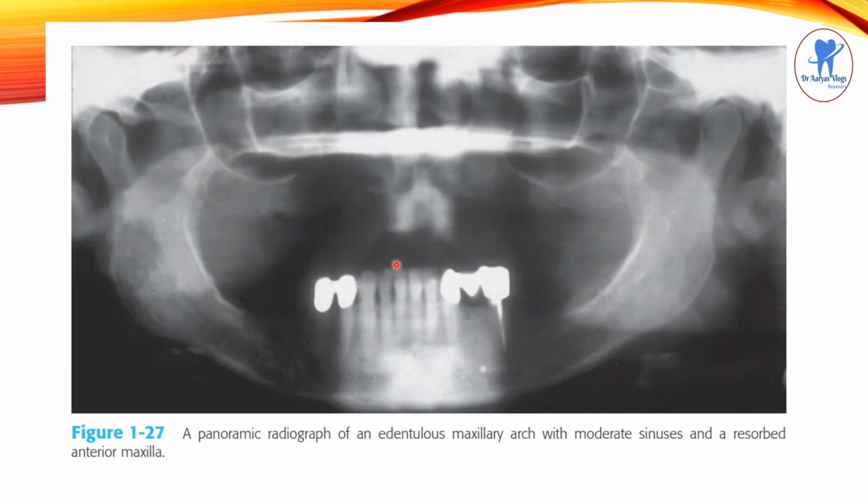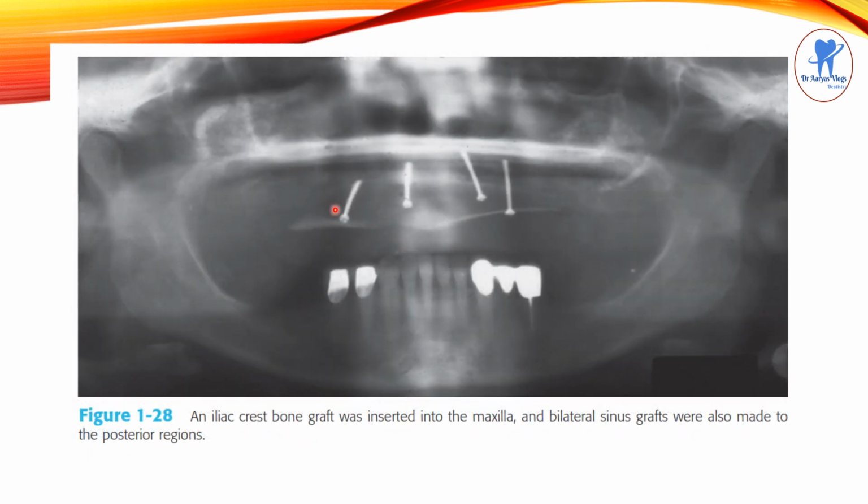Here, this is a panoramic view of an edentulous maxillary arch with moderate sinuses and a resorbed anterior maxilla. An iliac crest bone graft was inserted into the maxilla and bilateral sinus grafts were also made to the posterior regions.